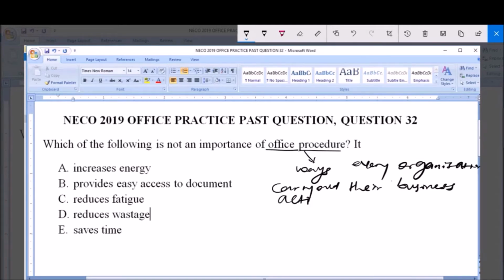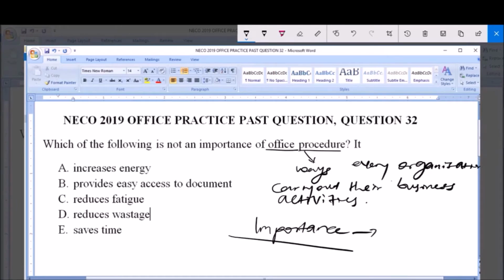It simply refers to what every organization does, how they do it, when they do it, and how they do these things, and that is office procedure. And this office procedure has several importance. It's very important in an organization.